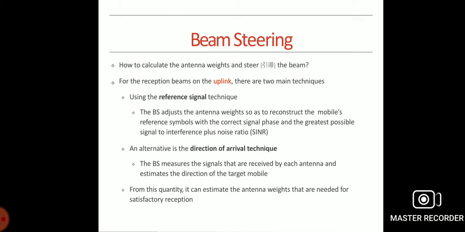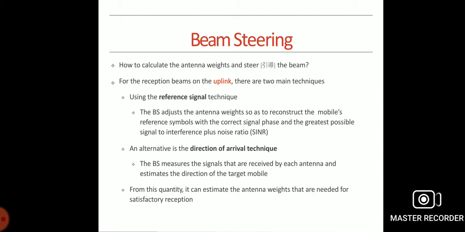Using the reference signal technique, the base station adjusts the antenna weights and reconstructs the mobile reference symbol with the correct signal phase and the greatest possible signal to interference plus noise ratio.